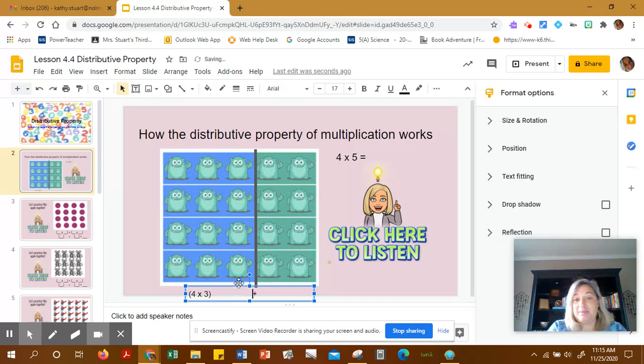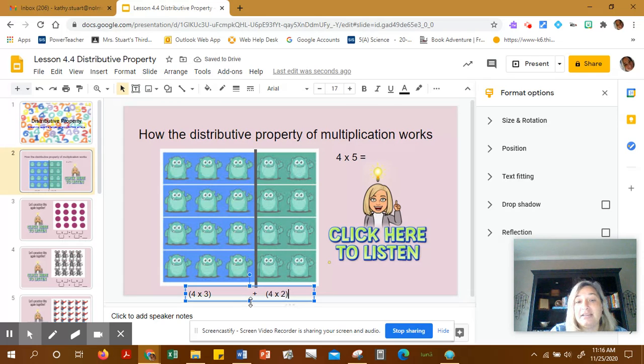So I'm going to put my plus sign where my dividing point is. Now I need to figure out my next array. Again, how many rows do I have? 1, 2, 3, 4. So I have 4 rows times, well, how many are in each row? 1, 2. Good job. And then I'm going to end with a parentheses to show that grouping.